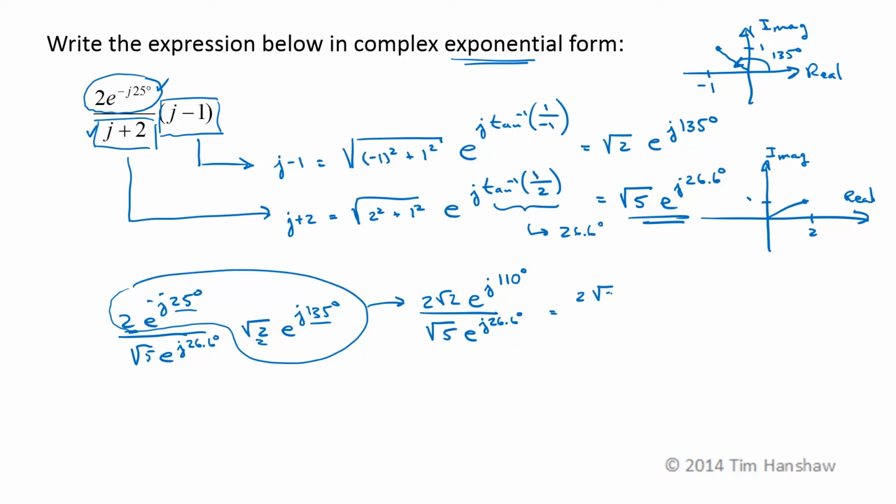So this is 2 square root of 2 over square root of 5, e to the j, and I take the phase of the numerator and subtract the phase of the denominator from it. So this is e to the j, 110 minus 26.6 is 83.4 degrees. And there's our final answer.